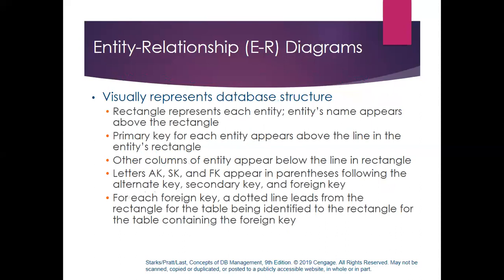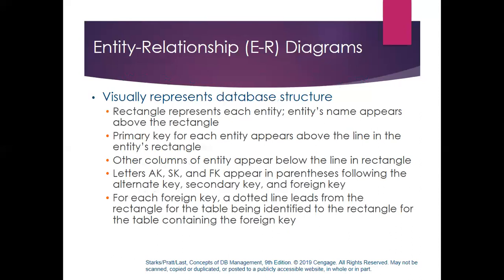What is an entity relationship diagram? The entity relationship diagram usually represents the database structure. We learned in Module 1 that in an entity relationship diagram, the rectangle represents each entity. Entities' names appear above the rectangle. The primary key for each entity appears above the line in the entity's rectangle.